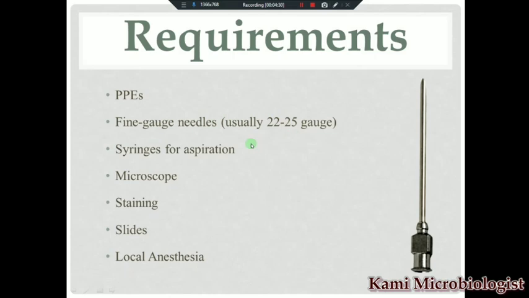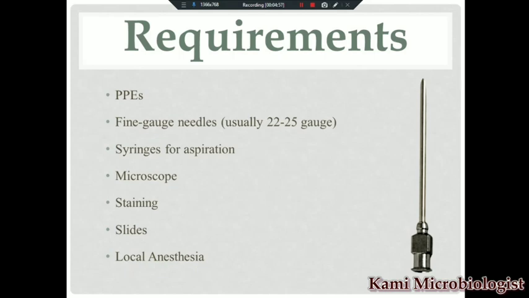We need a syringe, which is important for aspiration, through which we can take the liquid portion. We need a microscope, staining techniques, slides, and local anesthesia. Mostly anesthesia is not given, because the patient feels very little pain, but we can provide it in very rare cases.